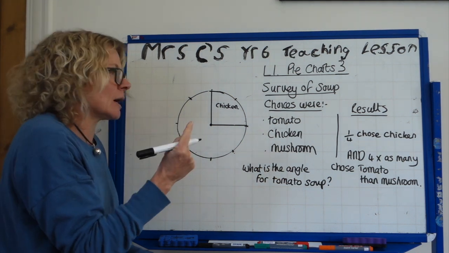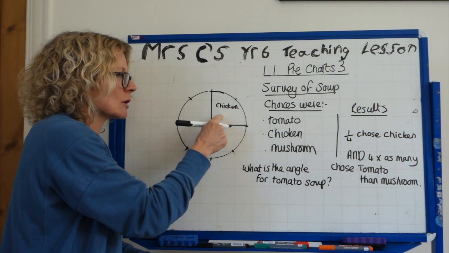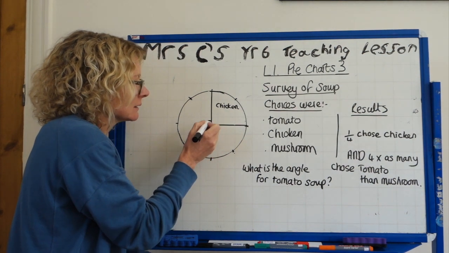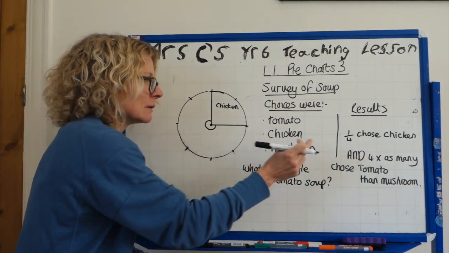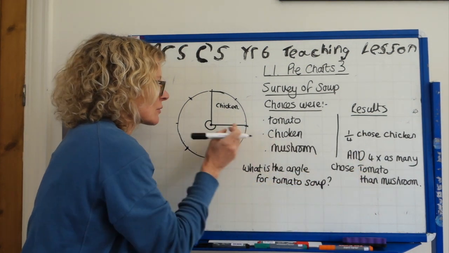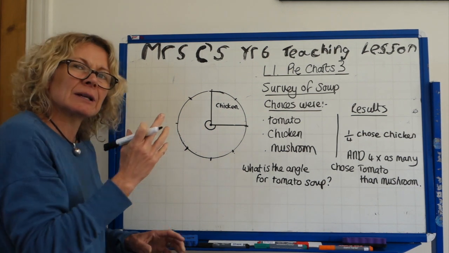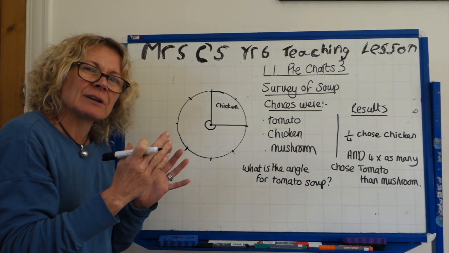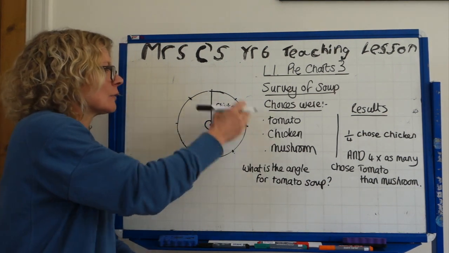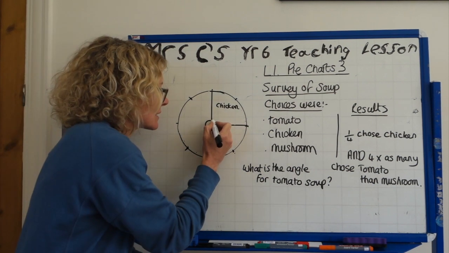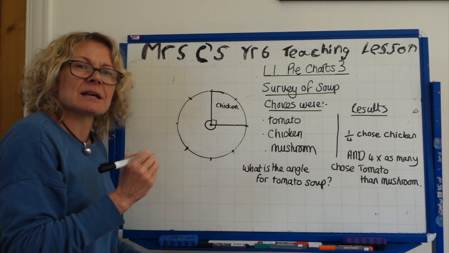What do we know? We know that a quarter chose chicken, and we know that the rest chose tomato and mushroom, with 4 times as many choosing tomato as mushroom. So I think we're going to have to look at it in terms of angles, aren't we? Out of a whole circle, there's 360. A quarter of 360 is that right angle, isn't it?